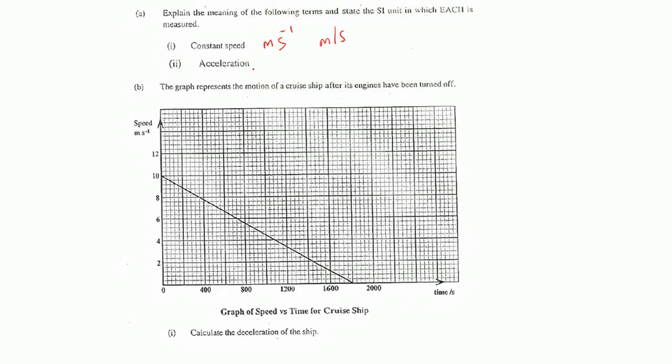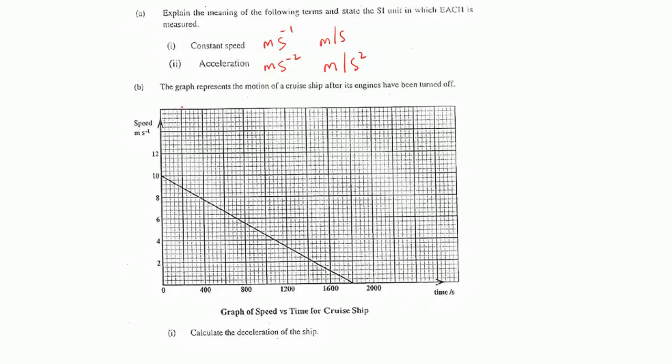And acceleration is the rate of change of velocity with respect to time, and the unit for acceleration is meters per second squared, or we can write that as m/s², right?